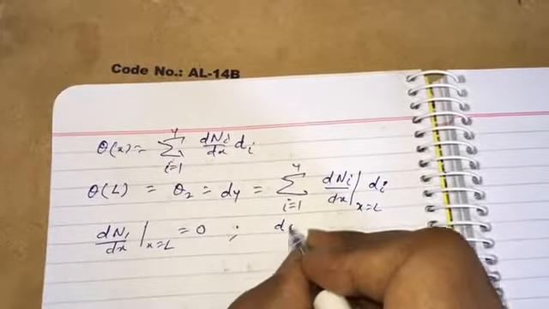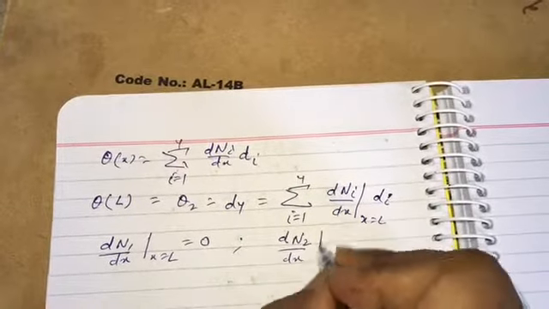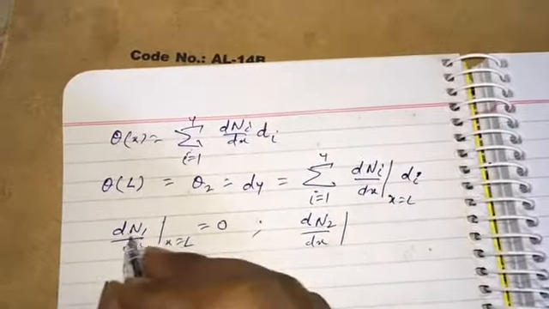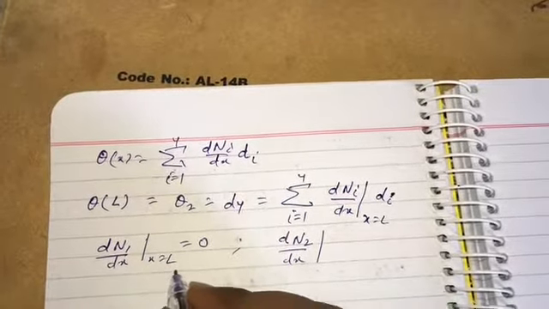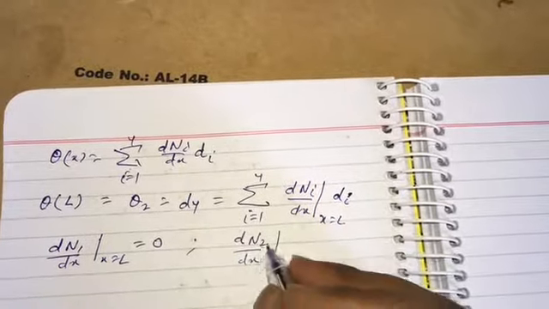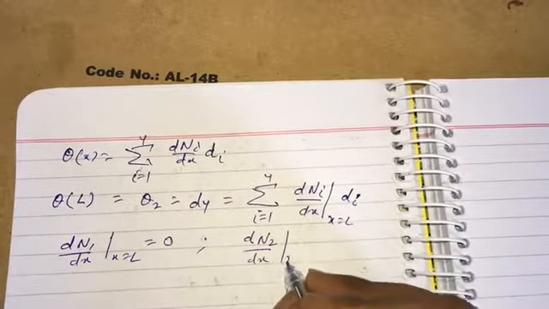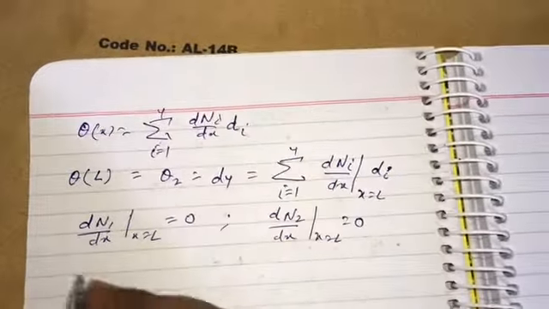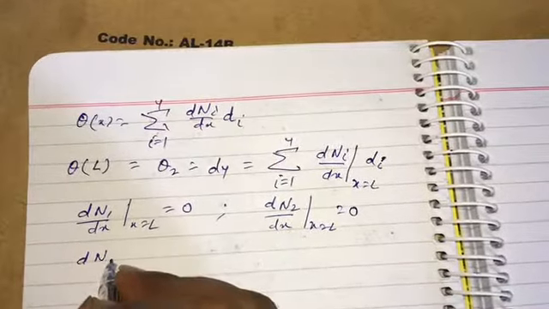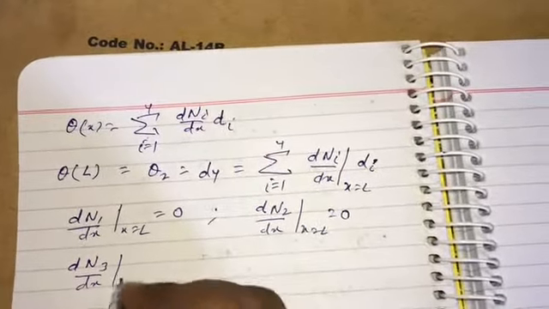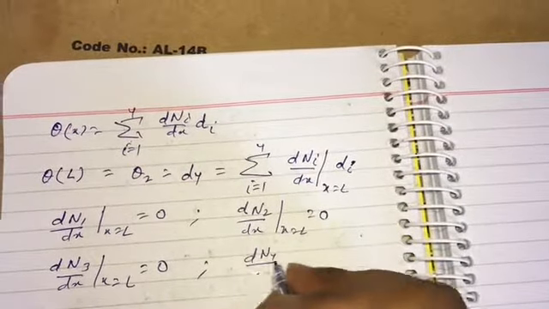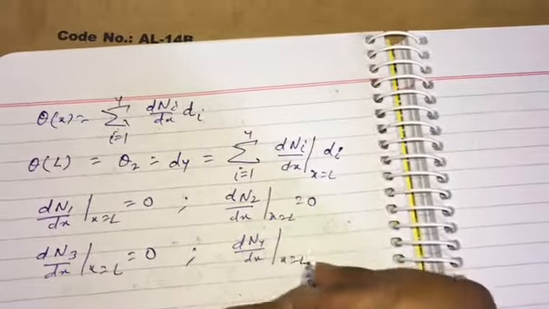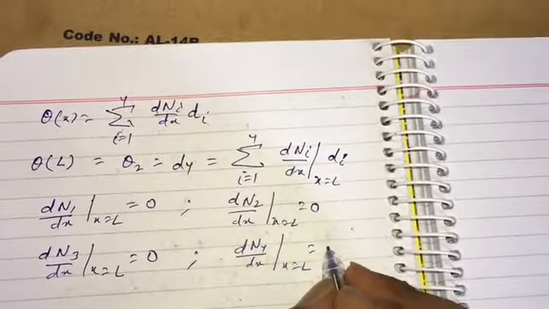Similarly dN2 over dx at x equal to L is equal to 0, dN3 over dx at x equal to L will be 0, and dN4 over dx at x equal to L has to be equal to 1.